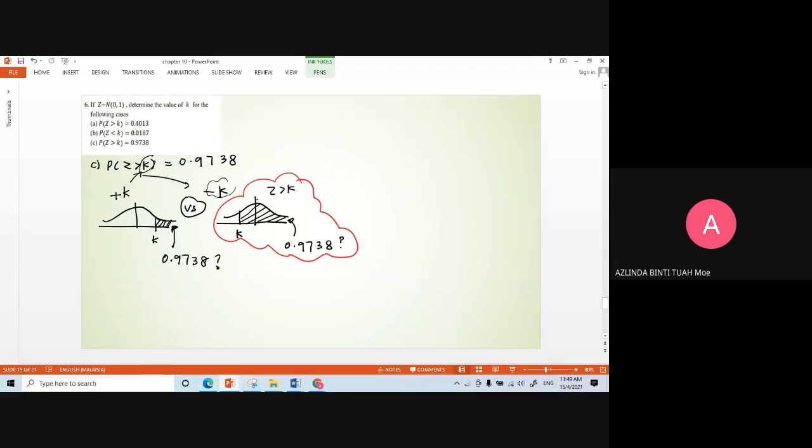Okay. Semua kena nampak ya, second ni yang logik area dia 0.9738. Bermaksud kita kena ambil maklumat daripada bell shape. Sekiranya positif dan negatif region terlorek itu melibatkan 1 minus unshaded. Therefore, P(Z greater than K) tadi, yang sebelah kanan still sama 0.9738.